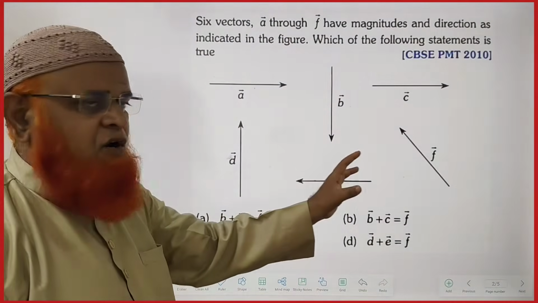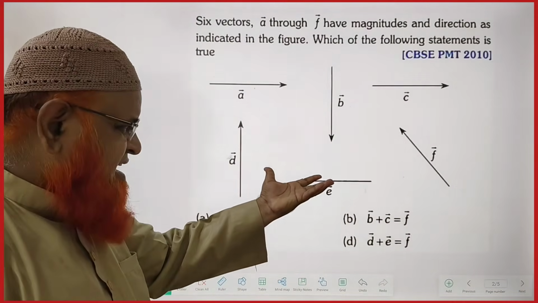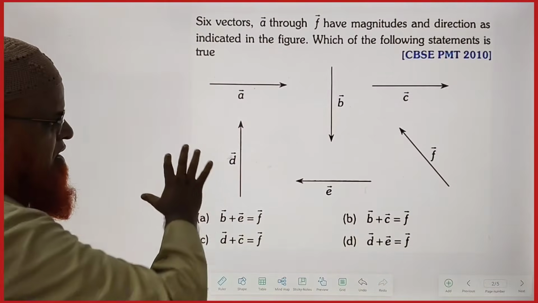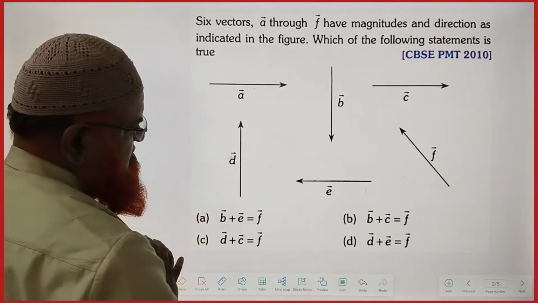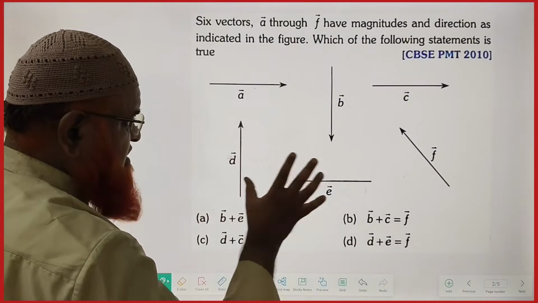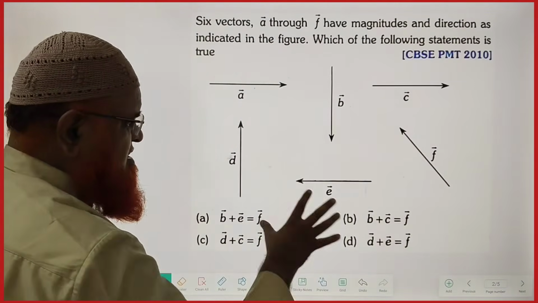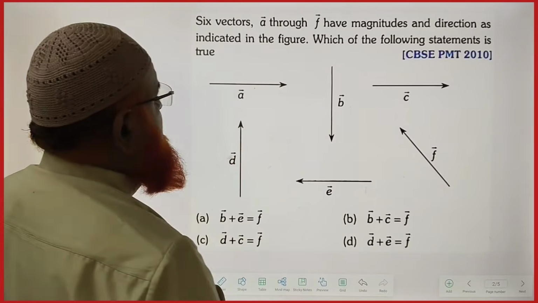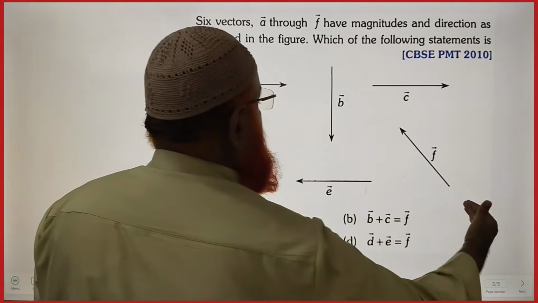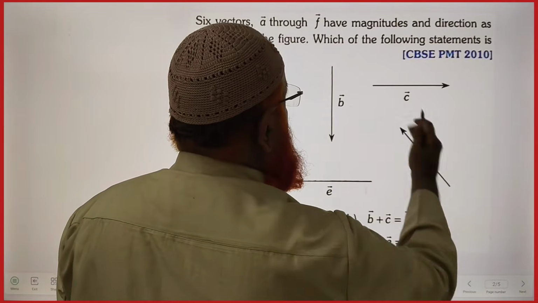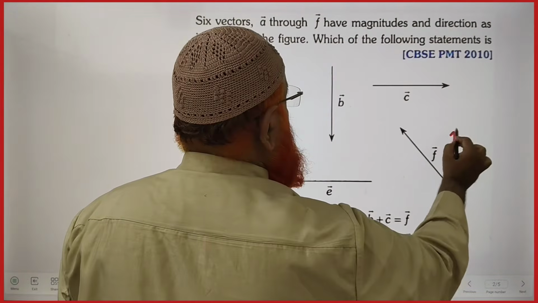Now you have to find out what is the pattern here and what is going to be the resultant. If you observe clearly among all these vectors, you will find something which is behaving like a parallelogram. What is that which is going to behave like a parallelogram? You can just see F is in this direction. If F is in this direction, then in the upward direction what is present?